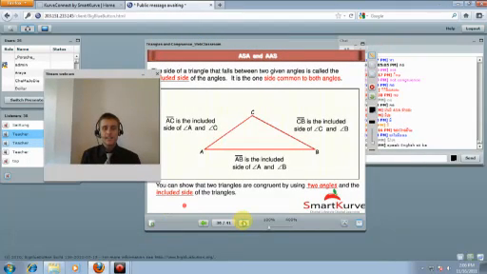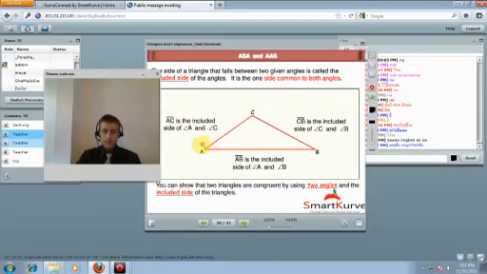So side AC is the included side of angle A and angle C. Here's angle A, here's angle C. Side AC is the included side. Angle C, angle B, side CB is the included side. And side A, side B, AB is the included side.